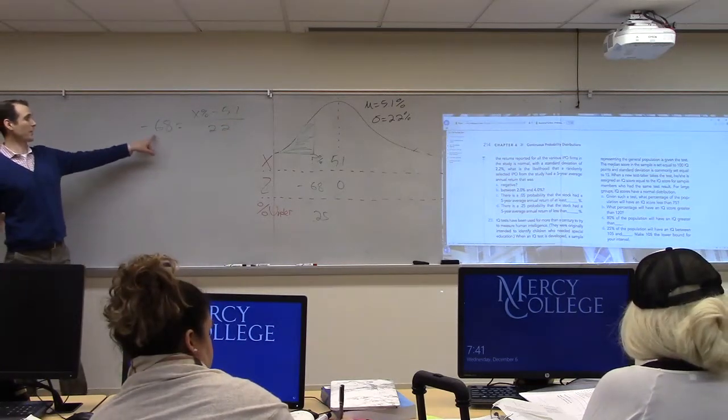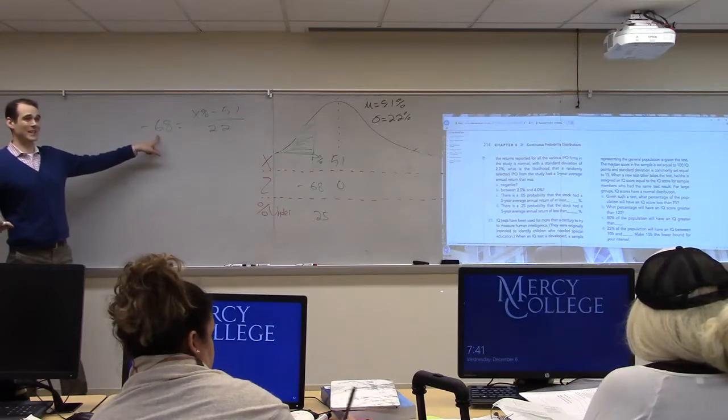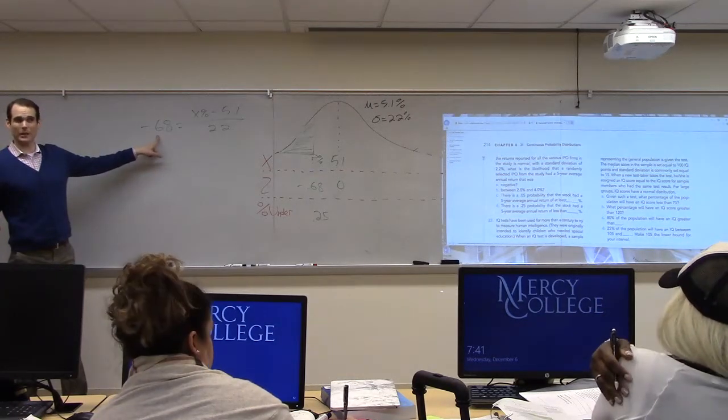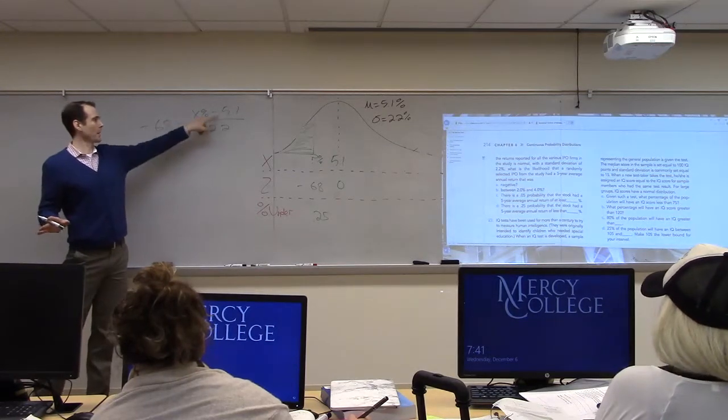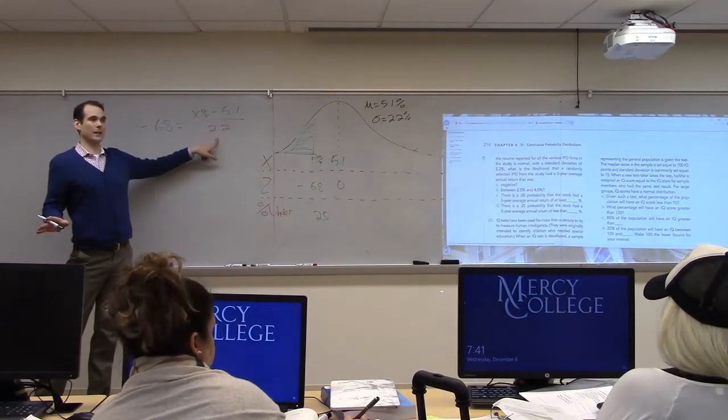Alright, once we're comfortable with the negative 0.68 z-score, we just plug that into our z-score formula. Negative 0.68 equals the unknown return minus the mean, divided by the standard deviation.